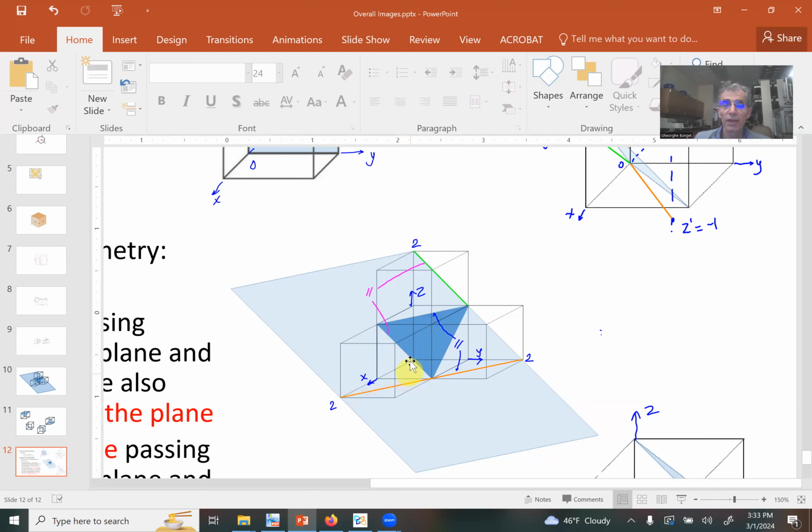Paying attention to the slope of this line, I go along x with 1, along y with 1, and along z with 1. So when I extend it, I know with confidence that it will intercept the x-axis at 2 and the y-axis at 2.